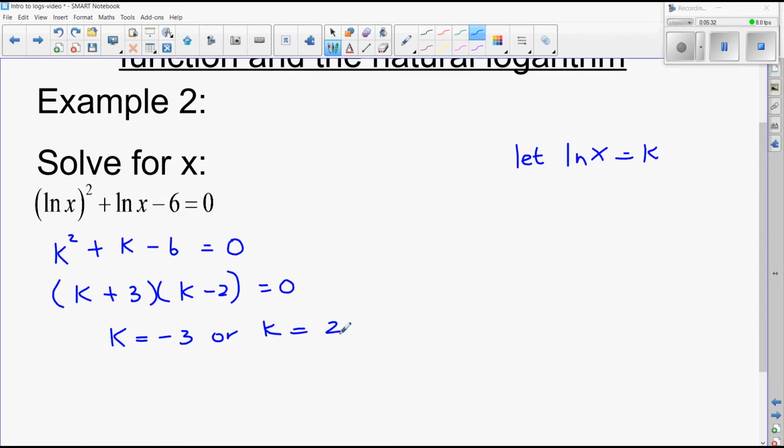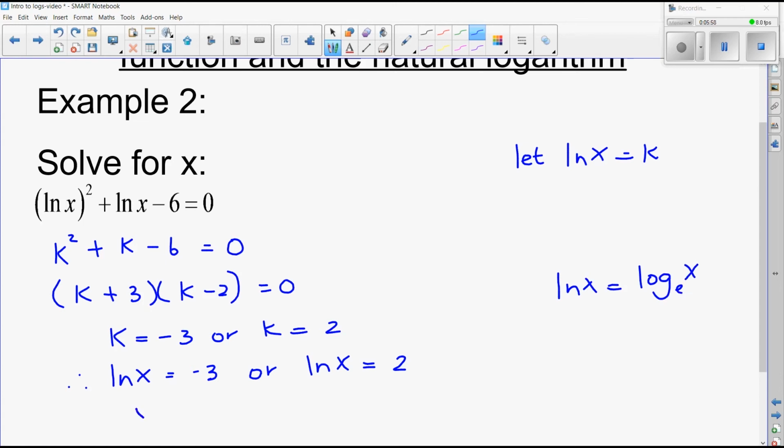So I know that k is ln of x, so I now say ln of x equals negative 3 or ln of x equals 2. So for me to solve for x, I now need to rewrite this in the exponential form, reminding myself that ln of x is log of x to the base e.